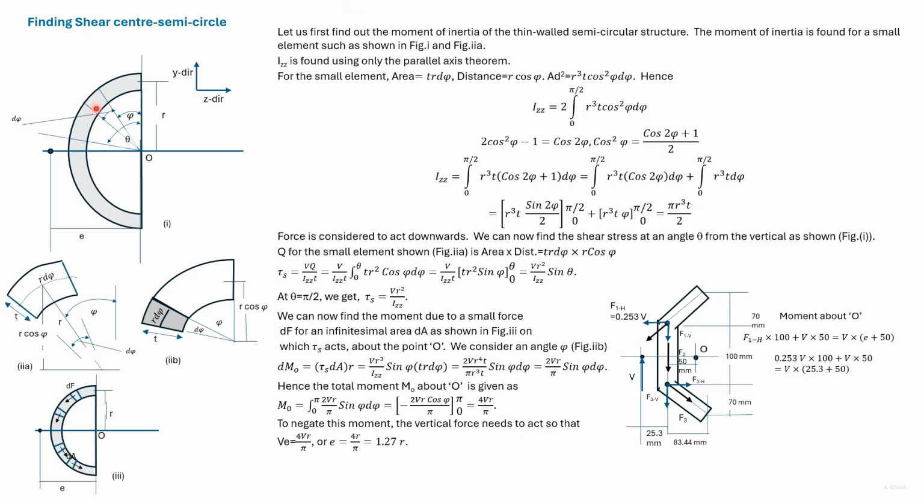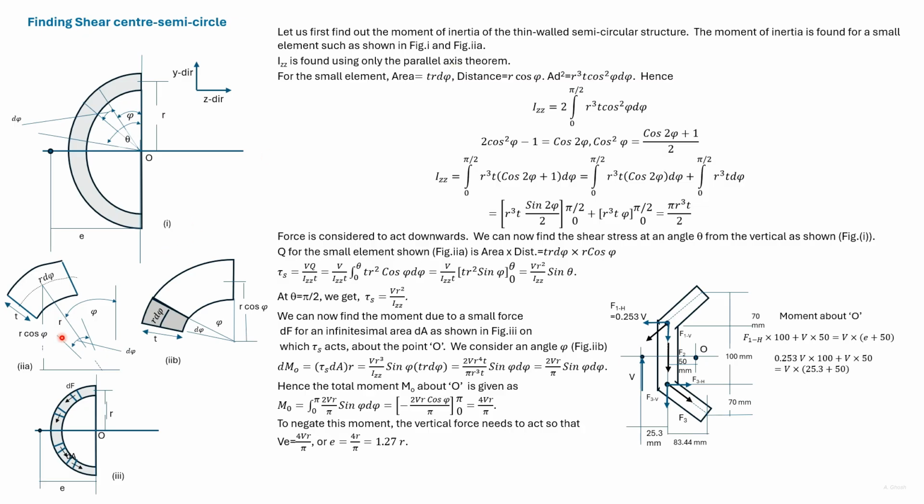Consider this small element which subtends an angle d phi. Let r be the radius of the center line and the thickness be t. Then this distance is r d phi. The area of this portion is t r d phi.